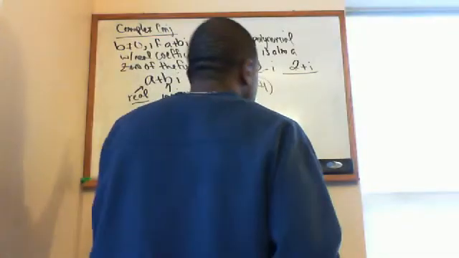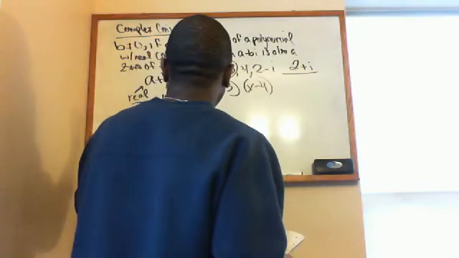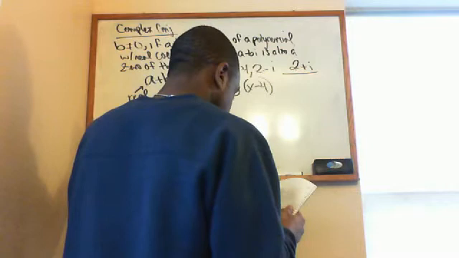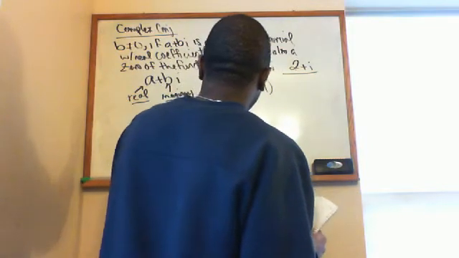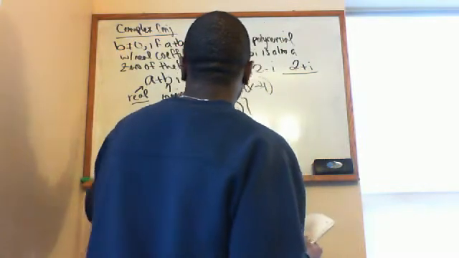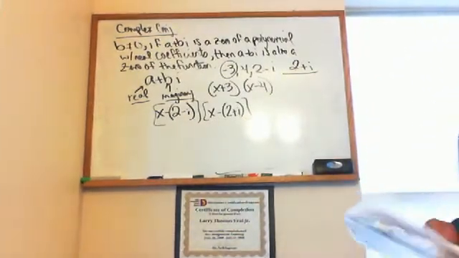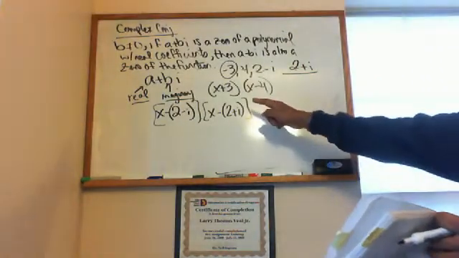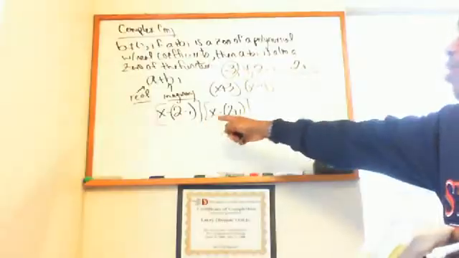We do x minus 2 minus i in parentheses, then x minus 2 plus i in parentheses. So to work out our polynomial, we have x plus 3, x minus 4, x minus 2 minus i, x minus 2 plus i.